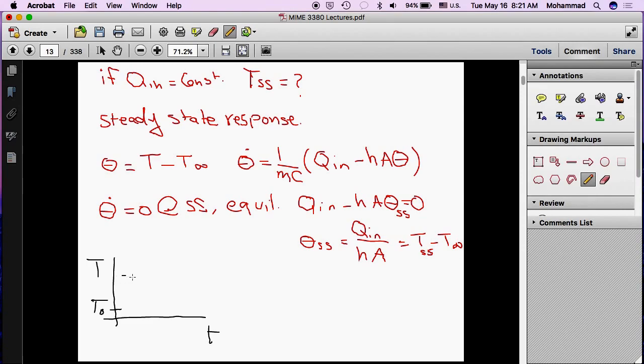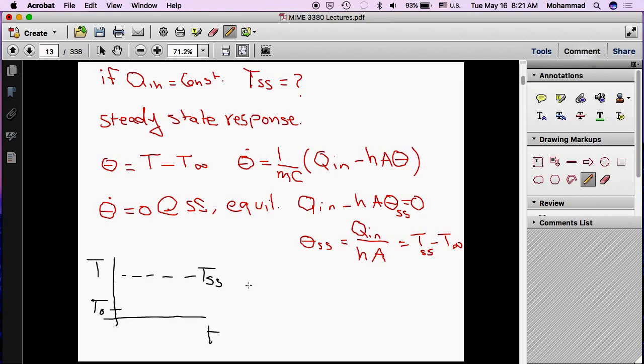So let's say this is value of T steady state. The way to get to a numerical value is by knowing the value of H, value of A, and knowing Q in, and also T infinity. So we need to have four numbers in order to calculate a number for T steady state.